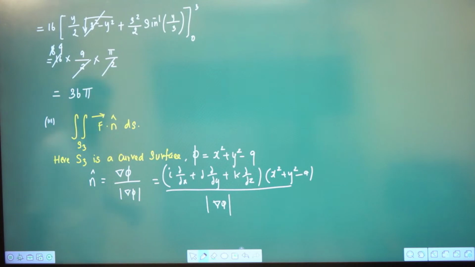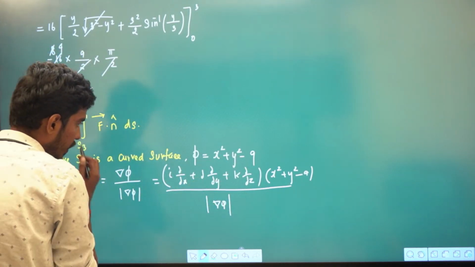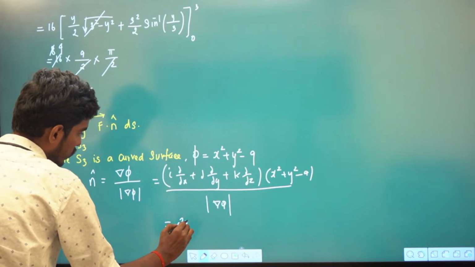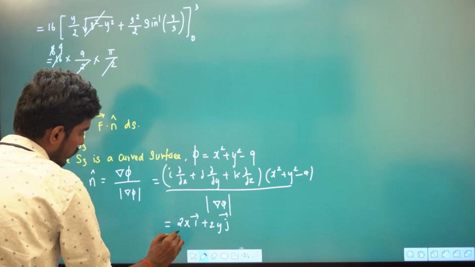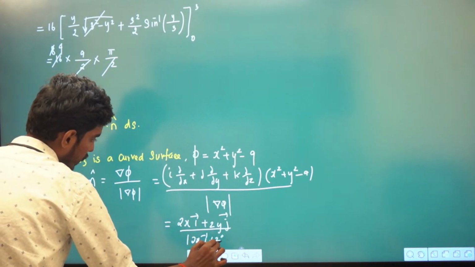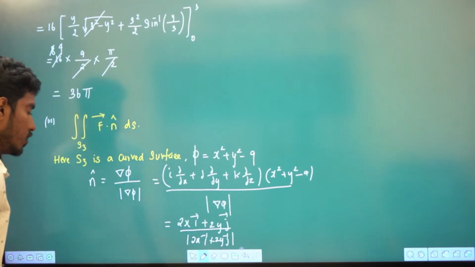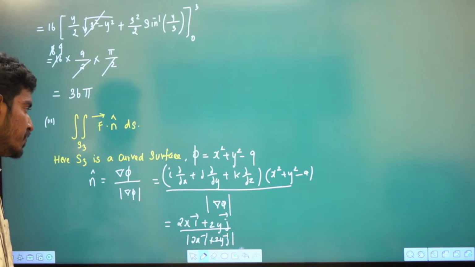So multiply this and differentiate. So it will be 2x i vector plus 2y j vector divided by modulus of 2x i vector plus 2y j vector. So del phi is nothing but gradient of phi. Now you know how to find gradient, right? So just apply gradient, that's it.